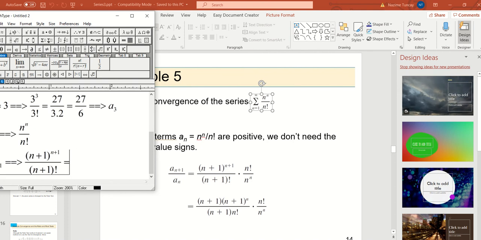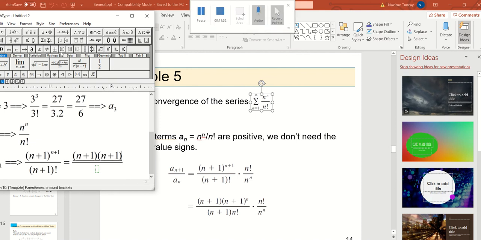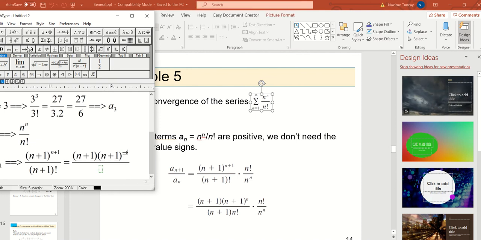You know that this is n plus 1, multiplied by n plus 1 to the power n. So I separated that power here, and this can be n plus 1 multiplied by n factorial, because this is factorial.